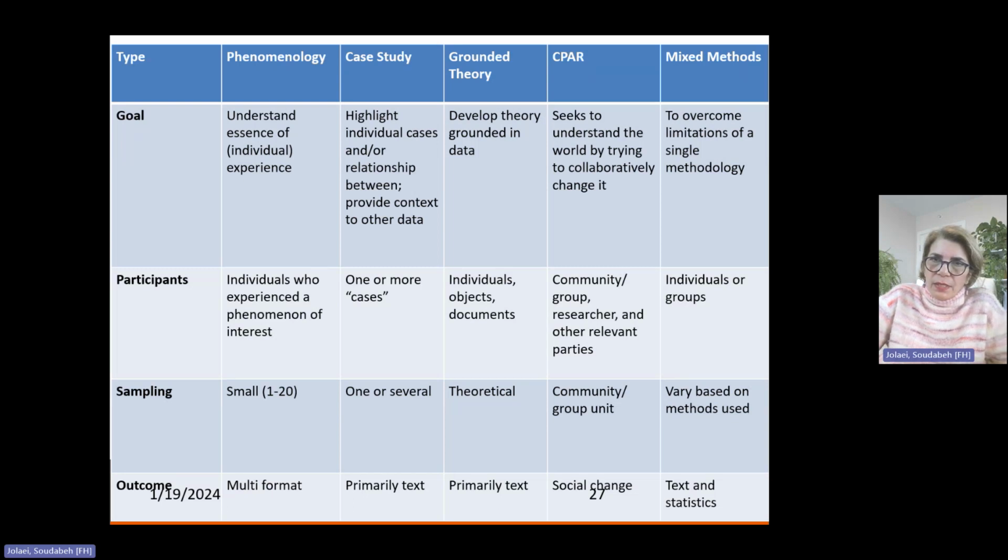In mixed methods, that is a combination of qualitative and quantitative research, we want to overcome limitations of a single methodology. The participants might be individuals or groups. The sampling varies based on the methods that are used, and the outcome might be both text and statistics.